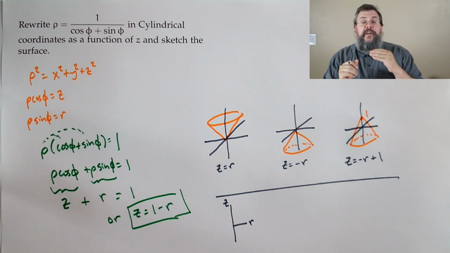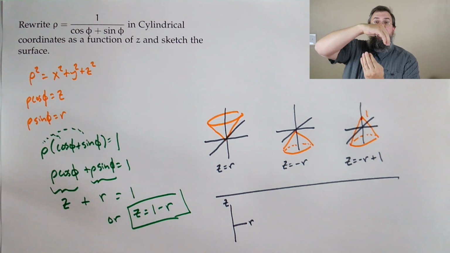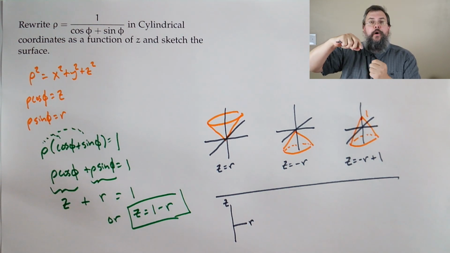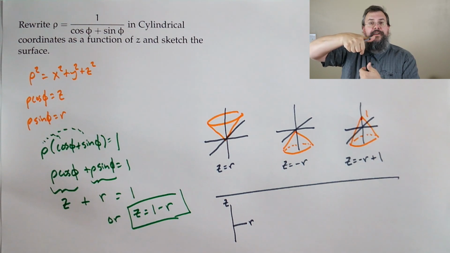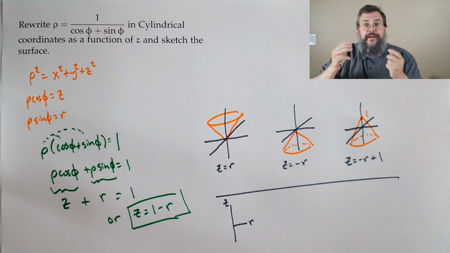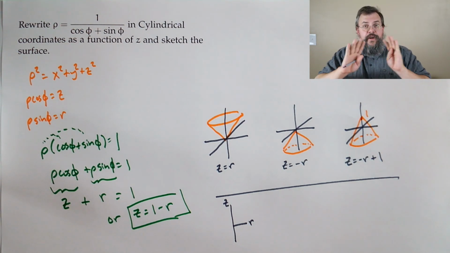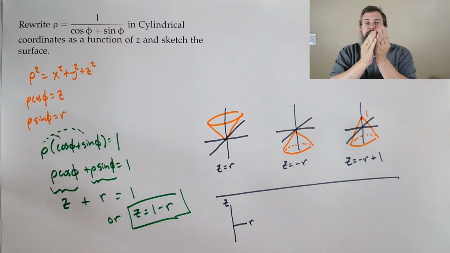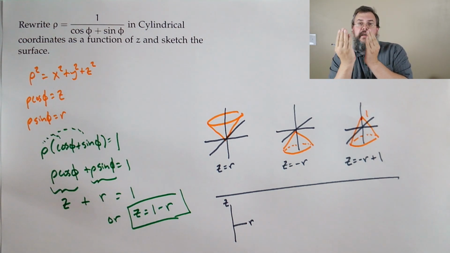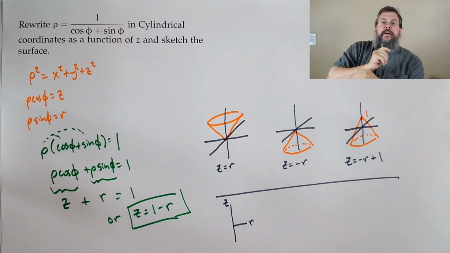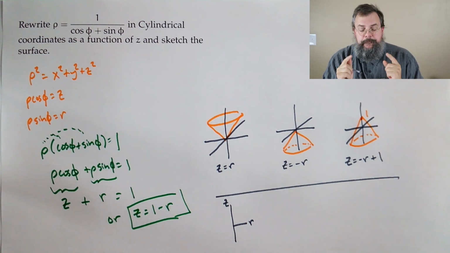So when you don't see any theta, what that means is you get this beautiful rotational symmetry. So you can say, let me figure out what I'm spinning. And if I know what I'm spinning, I'll know what my shape is. So I'm just going to look in terms of r and z. Right now I'm not three-dimensional. I'm just saying, let's look in a half plane, and then we know what to spin, and that will give us our whole shape.